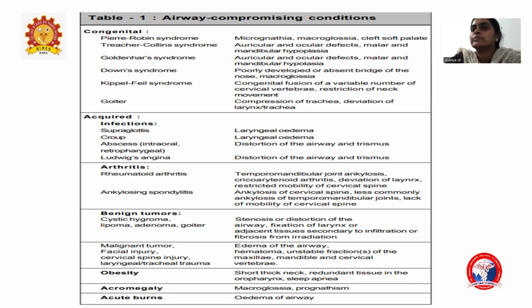And some of the benign tumors like cystic hygroma, where there will be stenosis of the airway, any swellings like lipoma, adenoma, and goiter. Any malignant tumor will be considered because there will be edema of the airway, and the membranes are fragile.